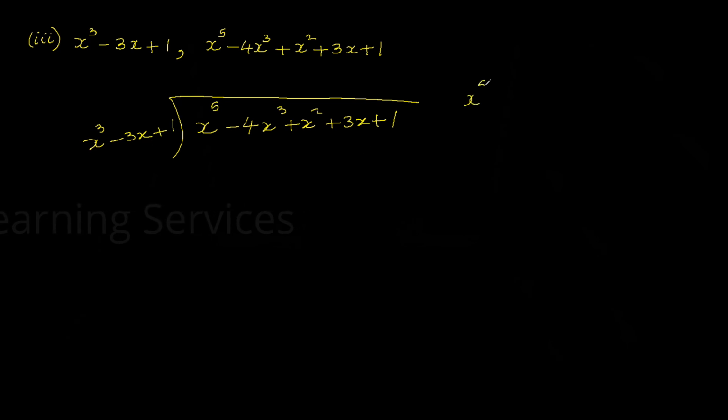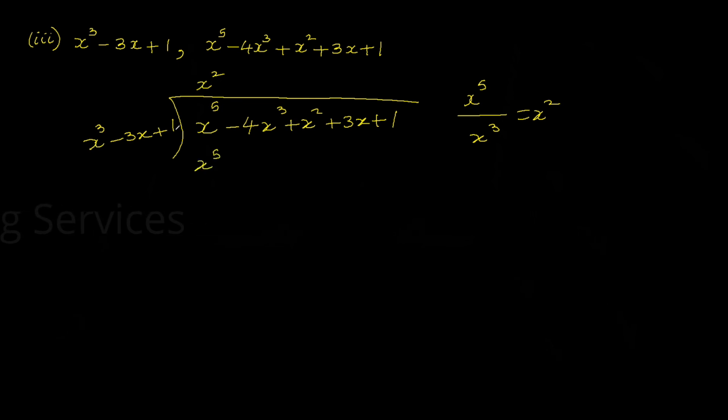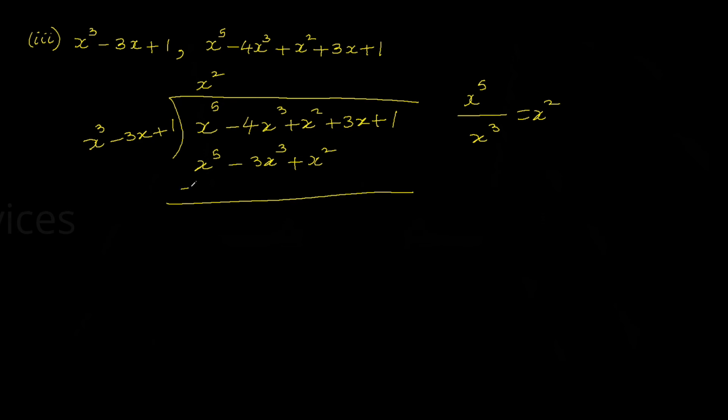Now x power 5 over x cubed is equal to x squared. That is the first term of the answer, the quotient. X squared times x cubed is x power 5 minus 3x, x squared is minus 3x cubed, plus 1 times x squared is plus 1x squared, or just x squared.